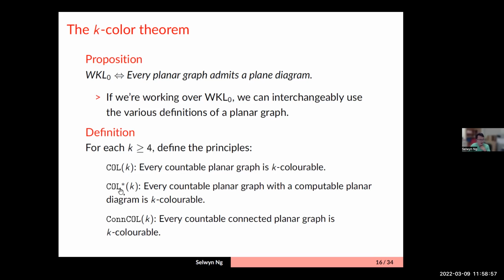You could have variations such as COL star, where you require the graph to be presented in the form of a diagram, so every graph with a computable diagram is K colorable, and you can also look at the connected version of the K color theorem: every connected planar graph is K colorable. There are some differences between them, but for the most part of this talk, I'm just going to be looking at the first principle here.